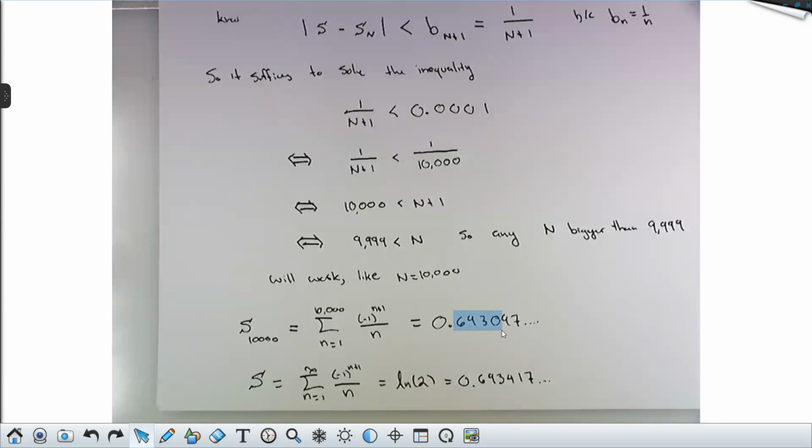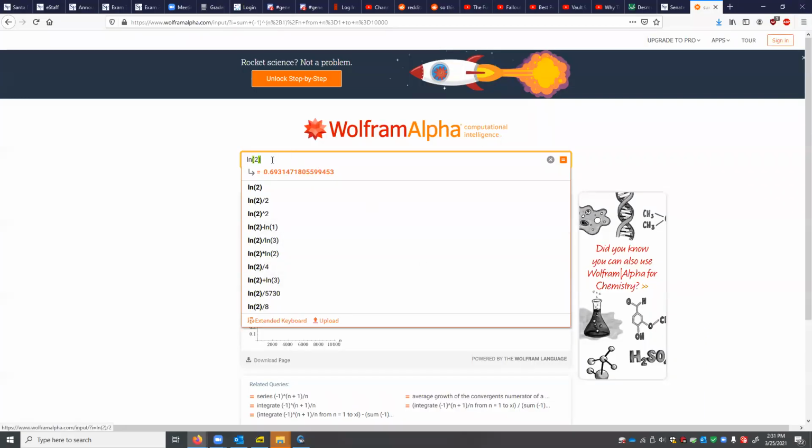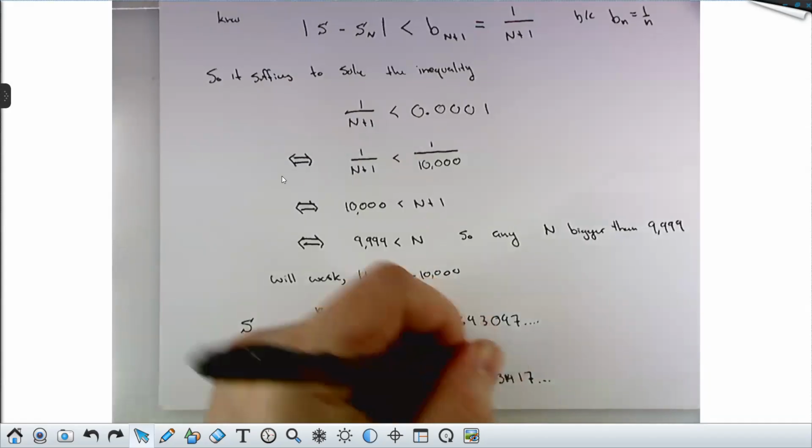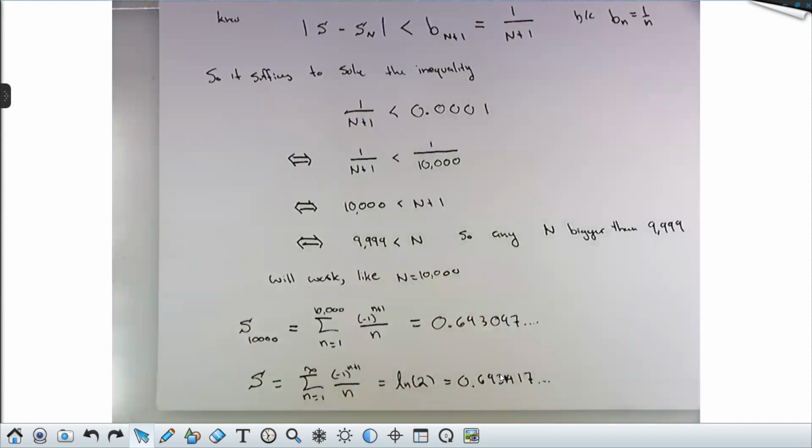And the next digit, 693, did I get that right? 693147. Yeah, our next digit is off by 1, which is precisely what we should have, right? Our error should be 0.0001. So we should be off by at most 1 in the 4th decimal, and we are: 6930, 6931. Cool, right?